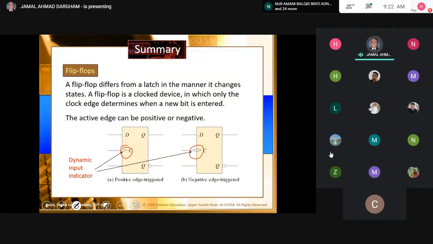If you notice in the previous timing diagram, the latch changes state when the enable is high or is low. Let me go back to the previous one.